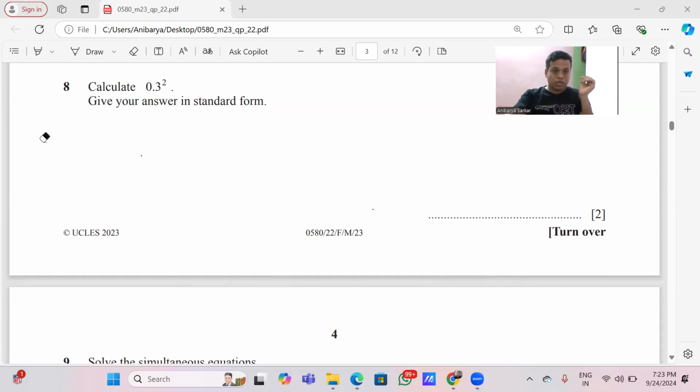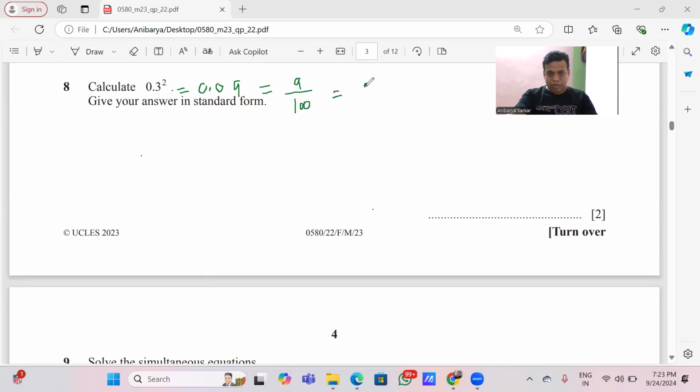So here 0.3 whole square, that is simply 0.09. We all know 0.09. Okay. 0.09 in standard form, 0.09 means 9 by 100. Because for the point I consider 1, and after two numbers, so 10 to the power 2 is there.